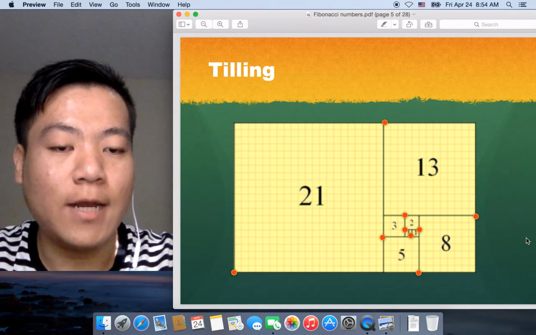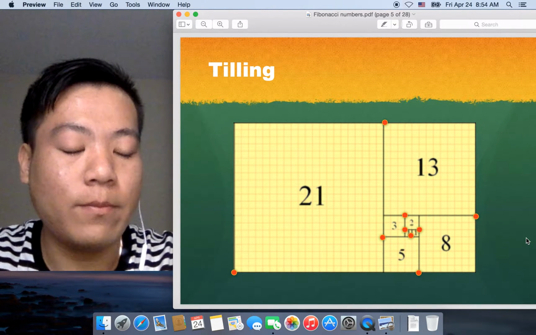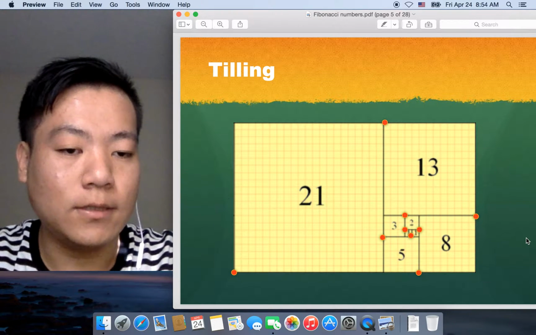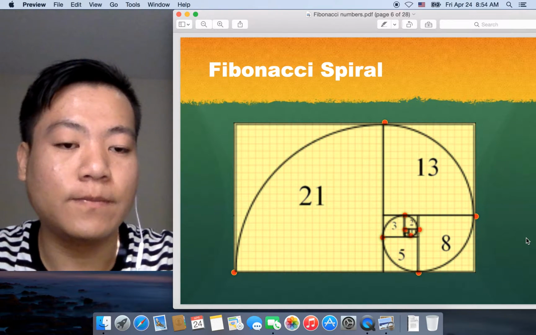In a Fibonacci tiling, the squares have side lengths of Fibonacci numbers, and now we pick the opposite points of each square, and then we connect the points, we get the Fibonacci spiral.